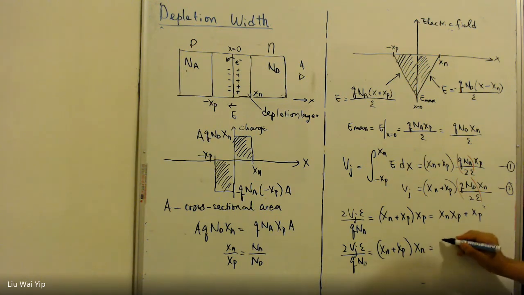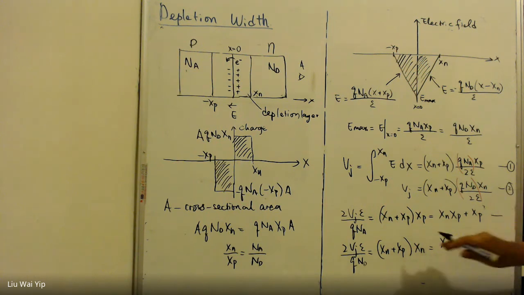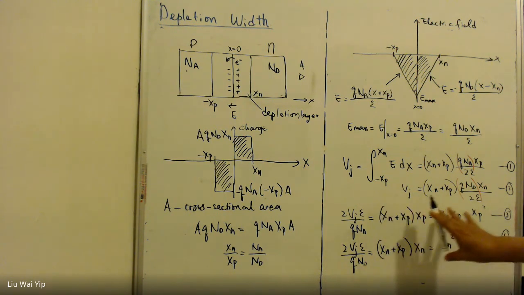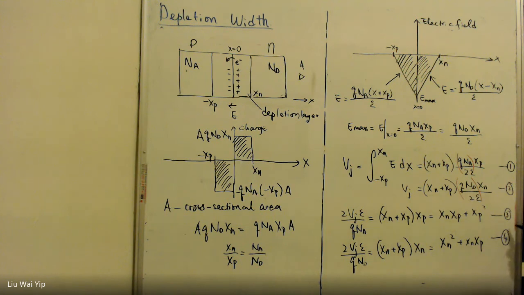So we have xn squared plus xn xp. So we have 2 more equations, and we will only focus on equations 3 and 4. And right now we are nearly finished.